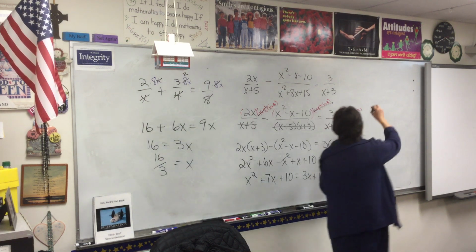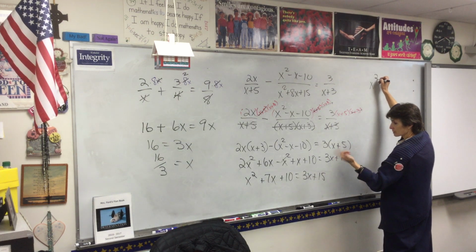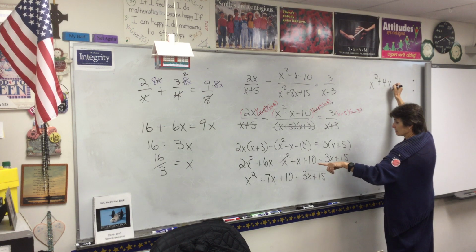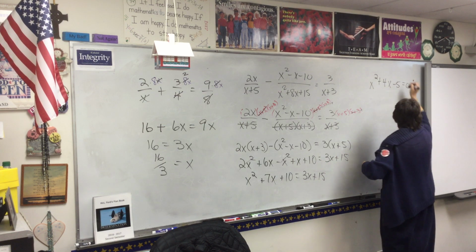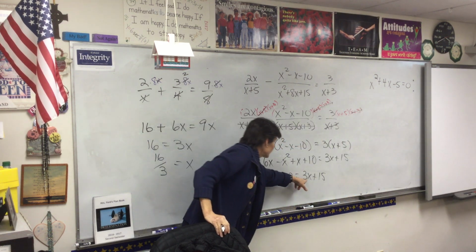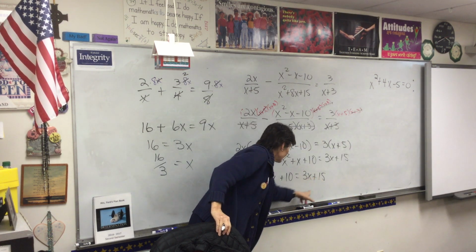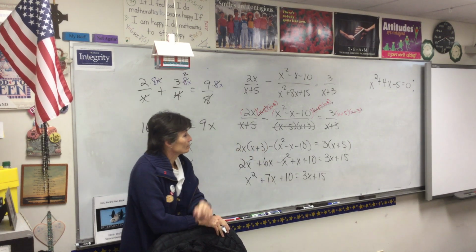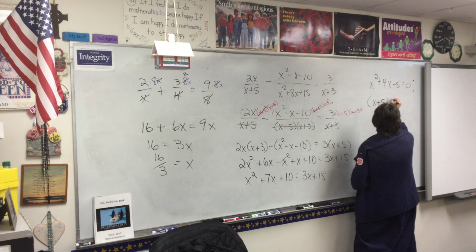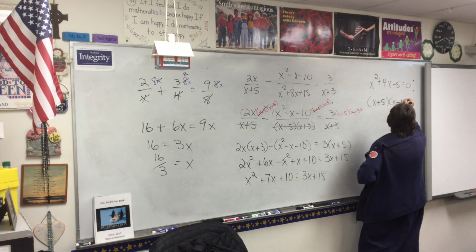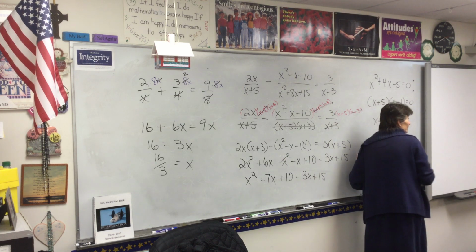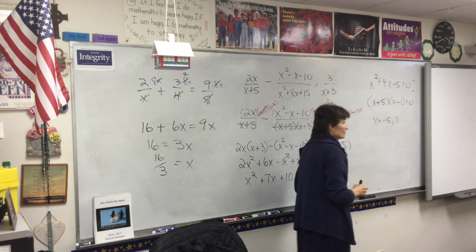So x squared plus 4x minus 5. I subtract the 3x and the 15. So I'm going to factor that, and I get negative 5 and 1.